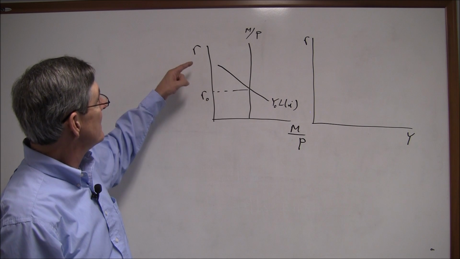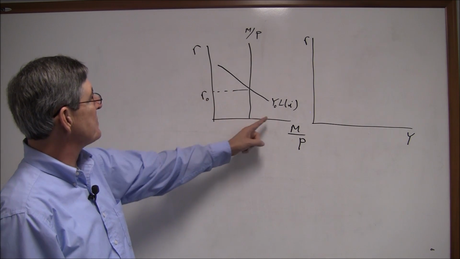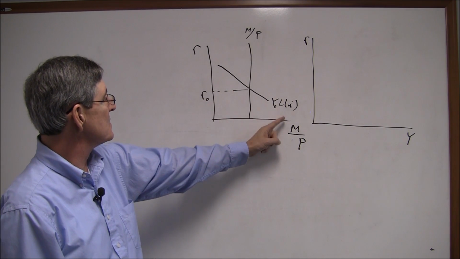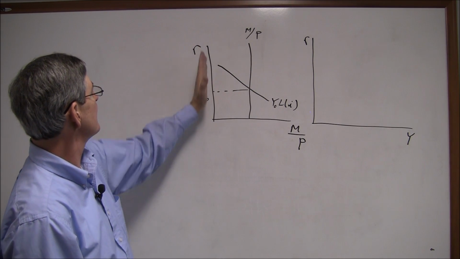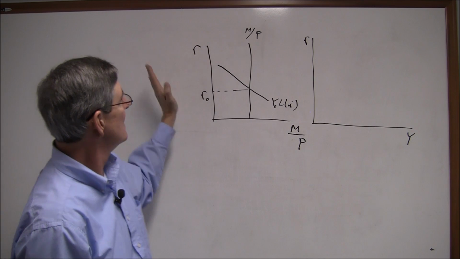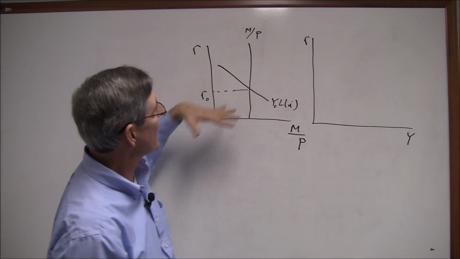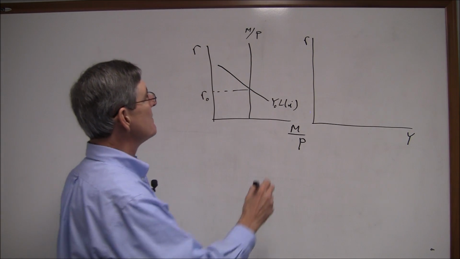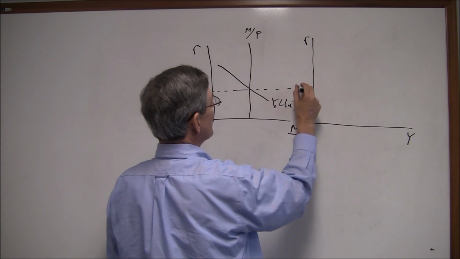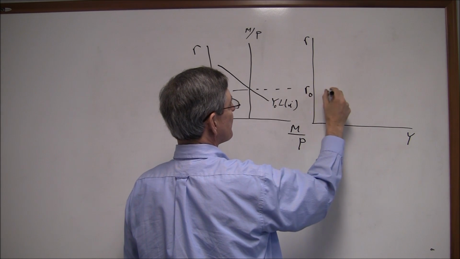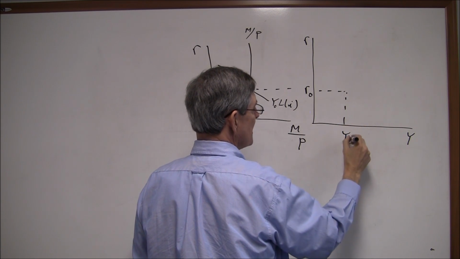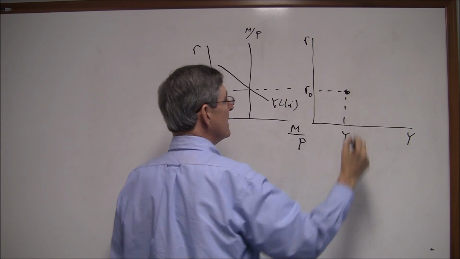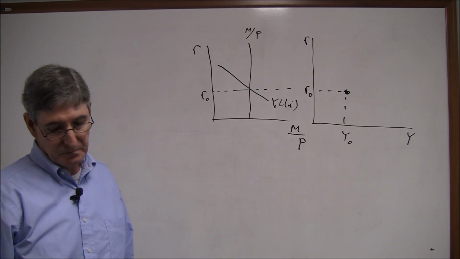Last time the two graphs shared the horizontal axis. This was Y in the goods market, so we stacked them vertically. This time they share this axis, so we put them side by side so the axes line up. So I can come over here and figure out, okay, here's R0, and just pick one. It's somewhere. Let's say it's there. There's Y0.